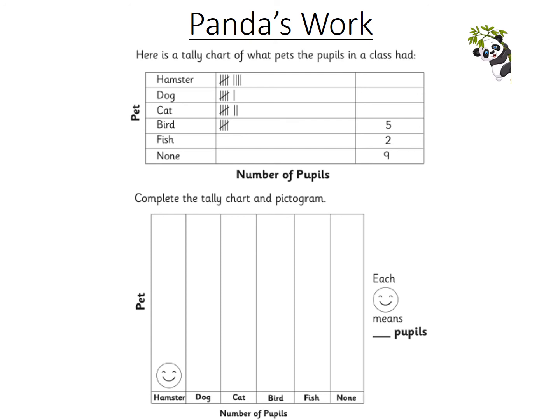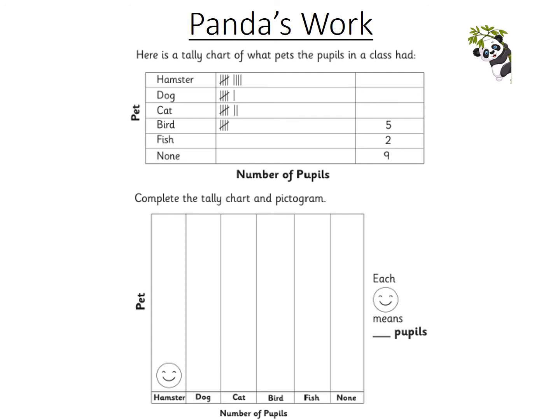And today's work. So pandas, what I've given you is a tally chart, okay? Now, you have got some of the information missing. So what I want you to do, using a ruler, is to draw that tally chart in your book and fill in the missing information. And then underneath, you are going to use that information from the tally chart to draw a pictogram, okay?